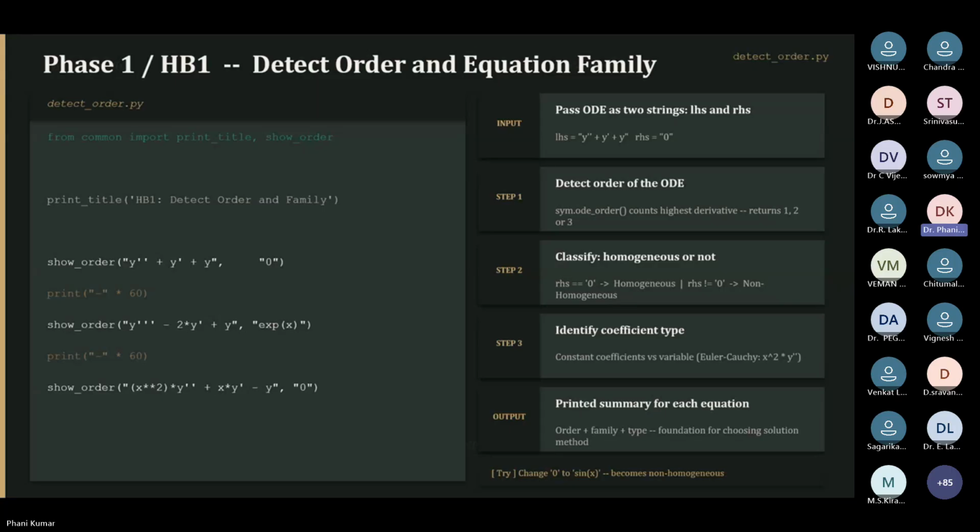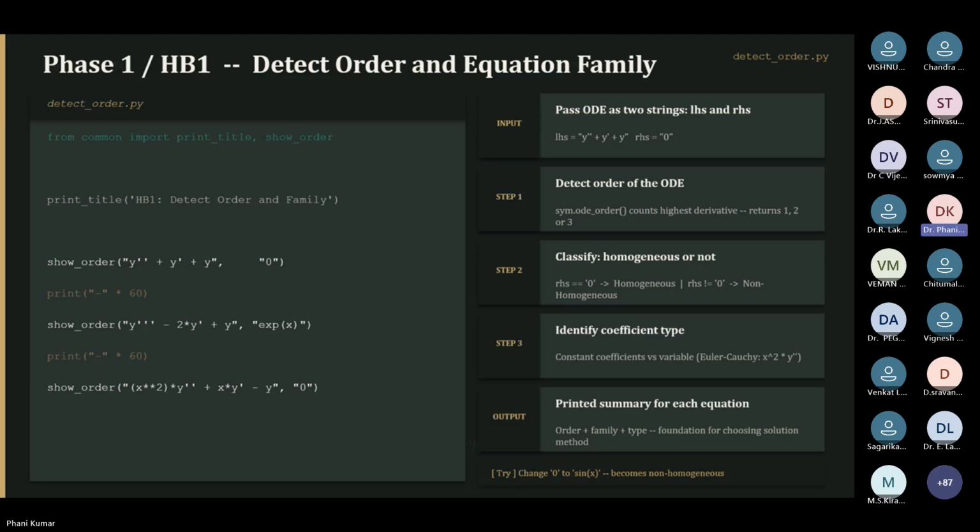Step two, find the order. For that we use the method sympy.ode_order, all after import SymPy. Next is classification, whether it is homogeneous or not.